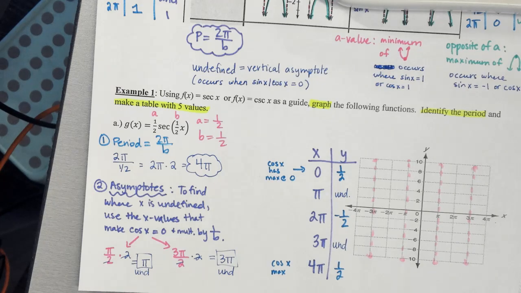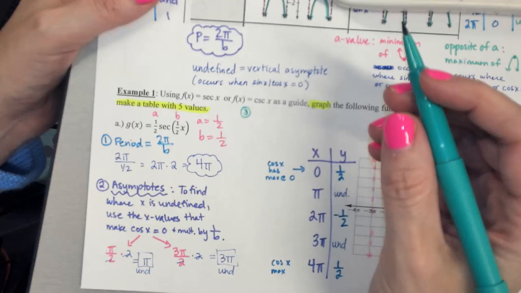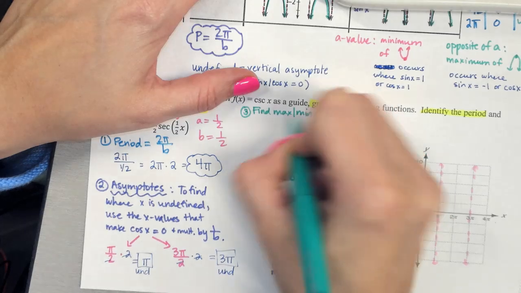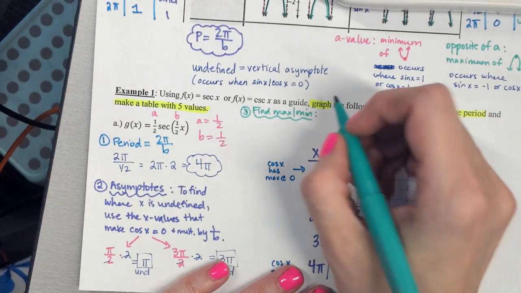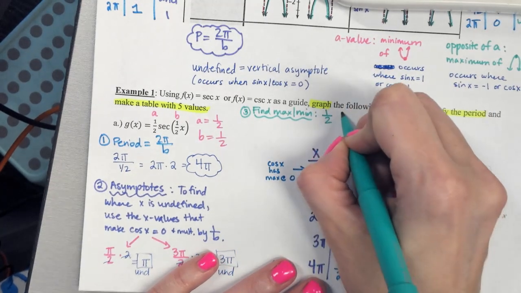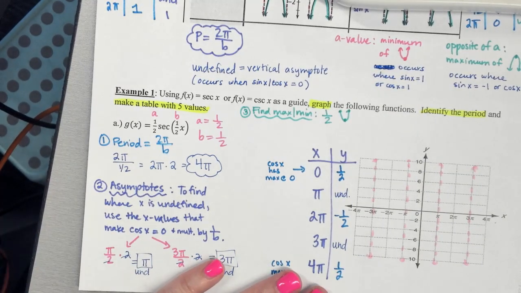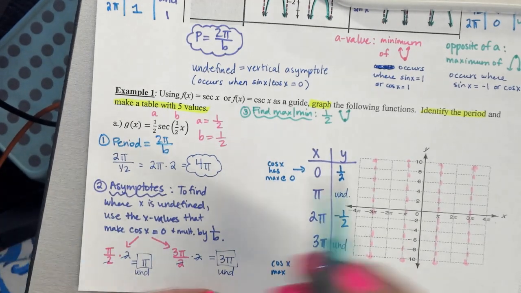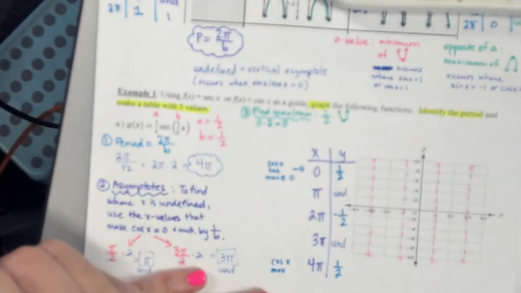There are a few different ways that you can find that. You can also find where those occur based on multiplying by the reciprocal. So you can find where the max and the min occur. If your A value is 1/2, you know that you are going to have the value of 1/2, which is your minimum. And then you just have to find out where that is. If you were to multiply 0 by the reciprocal of b, you get 0.